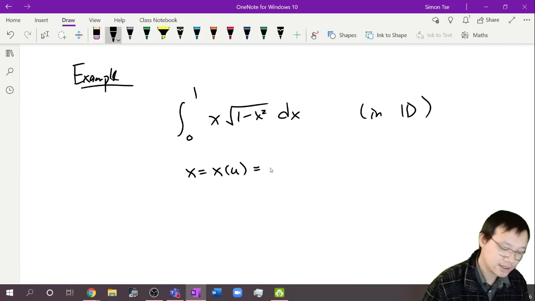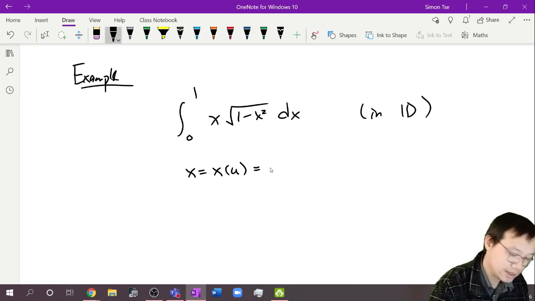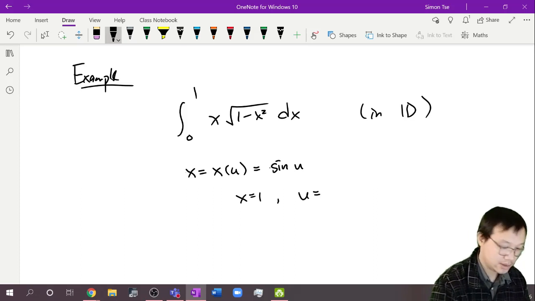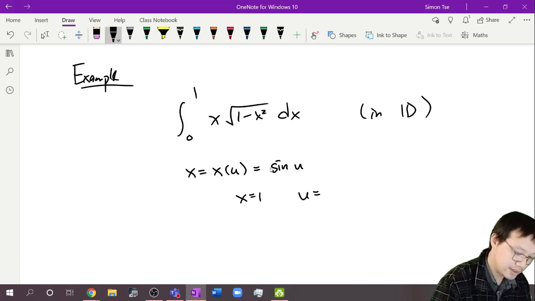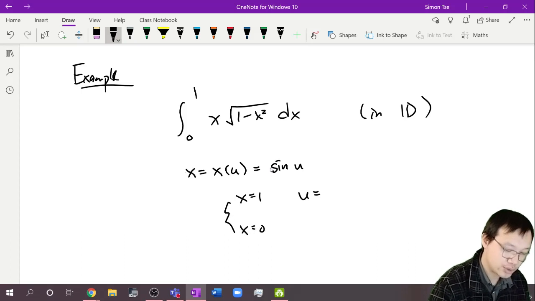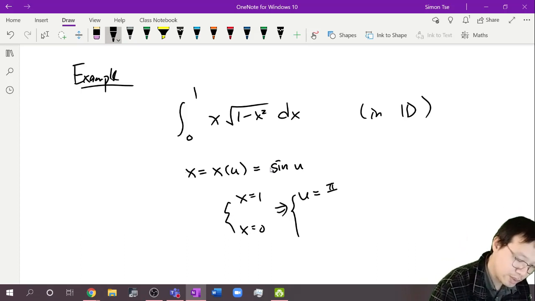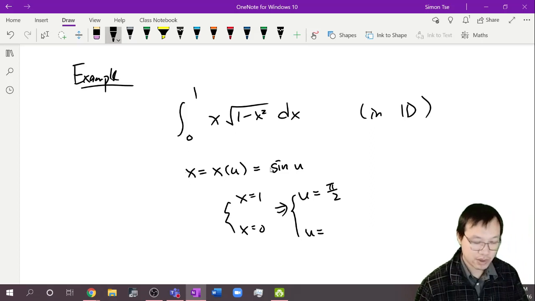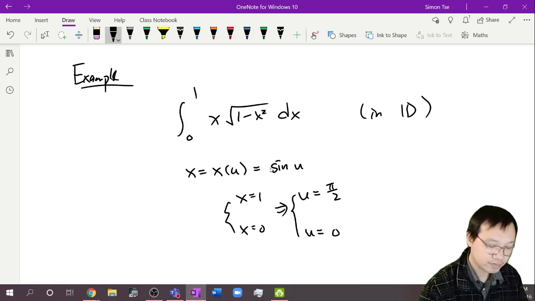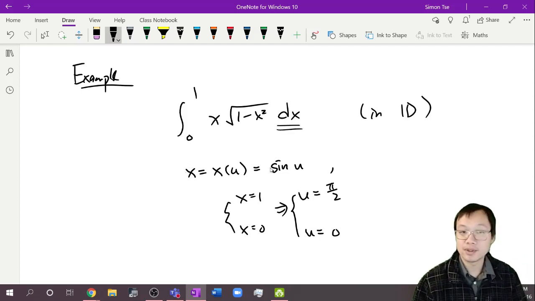This function of u would likely be chosen to be sine. Corresponding to x equals 1, you might choose u to be pi over 2, and for x equals 0, u equals 0. You also have to compute the change of the differential.